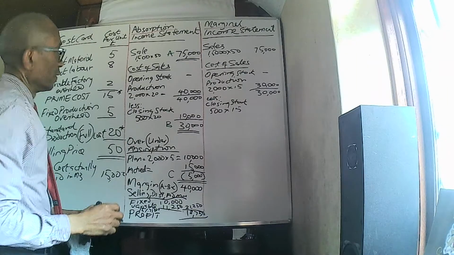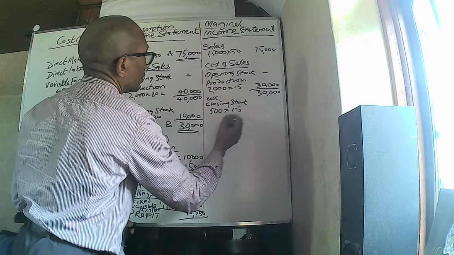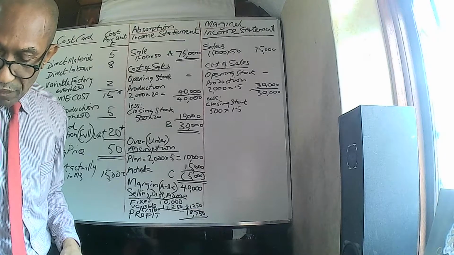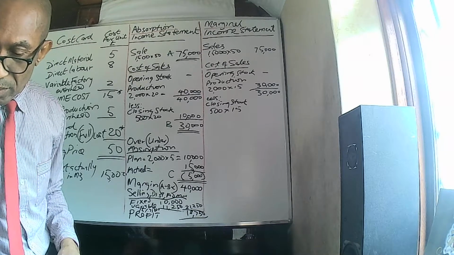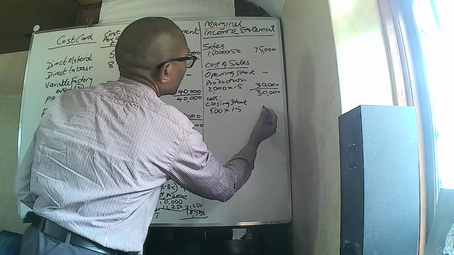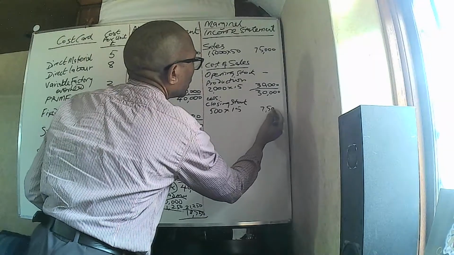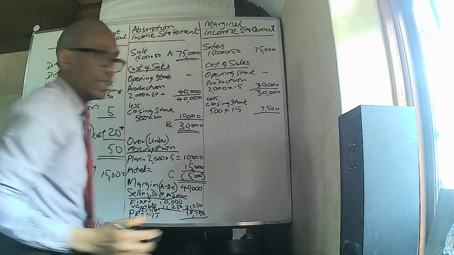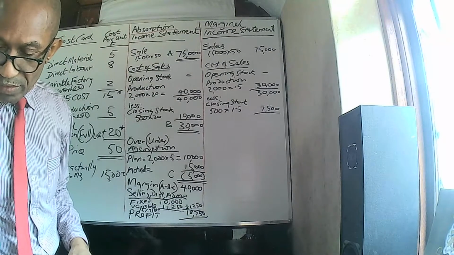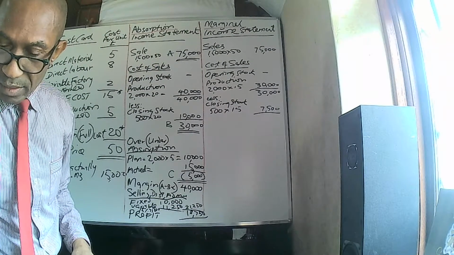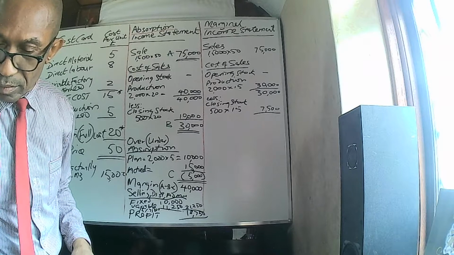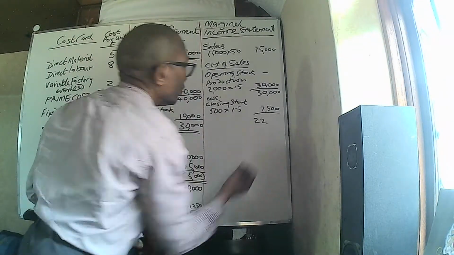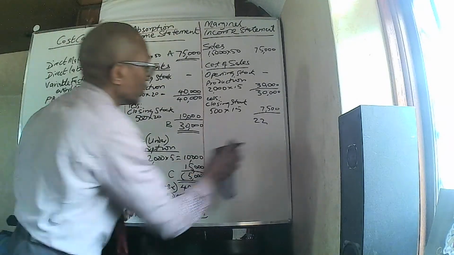So 15 times 500 gives 7,500. So cost of sale will be 7,500 out of 30,000, 22,500.